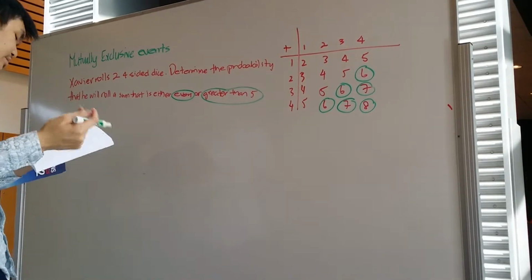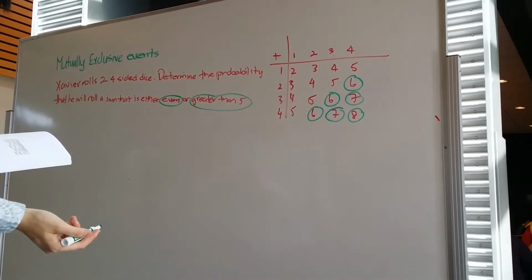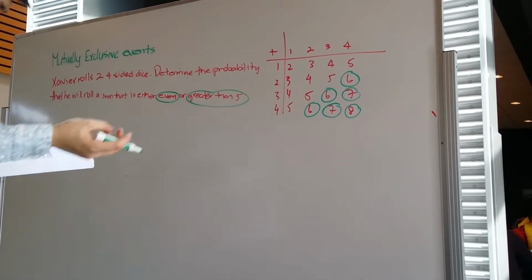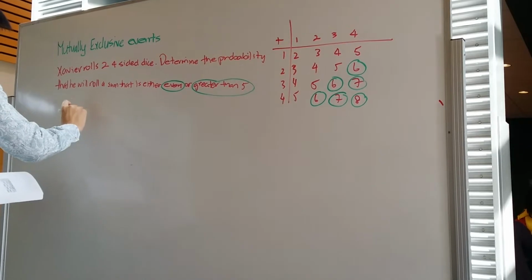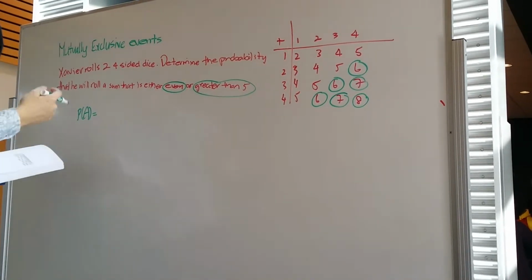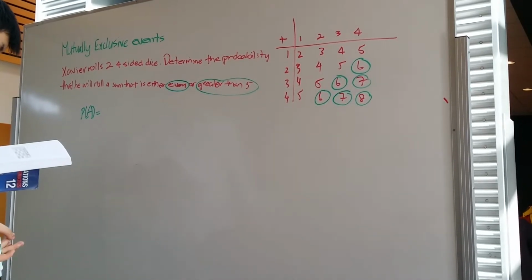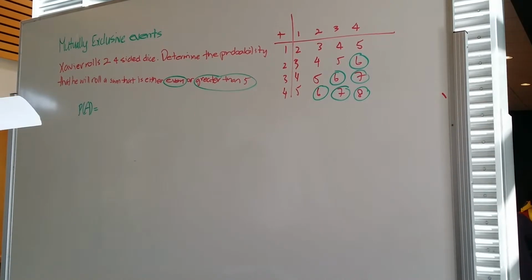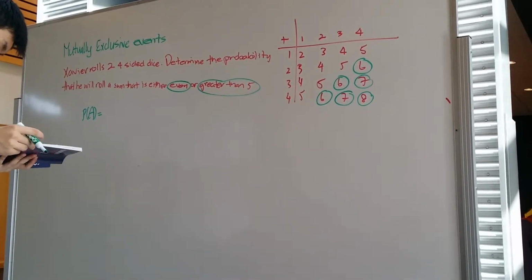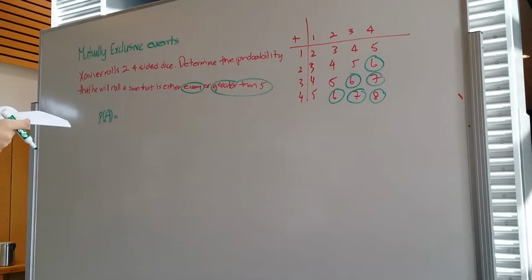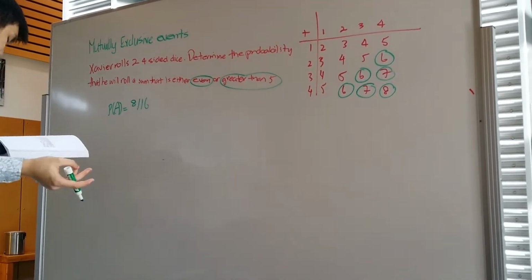Step 3. Determine the individual probabilities in the table. Let A represent an even sum, and B represent a sum that's greater than 5. For even, there's 8 over 16.